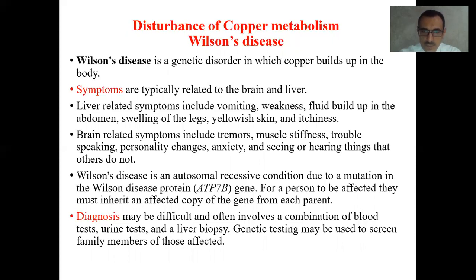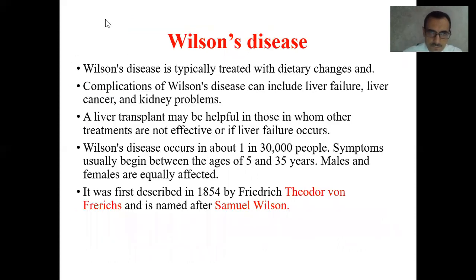For a person to be affected, they must inherit an affected copy of the gene from each parent. Diagnosis may be difficult and often involves a combination of blood tests, urine tests, and liver biopsy. Genetic testing may be used to screen family members of those affected. Wilson disease is typically treated with dietary change. Complications can include liver failure, liver cancer, and kidney problems. A liver transplant may be helpful in those in whom other treatments are not effective or if liver failure occurs.